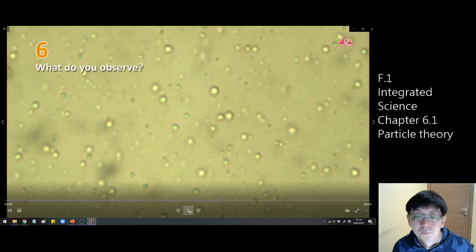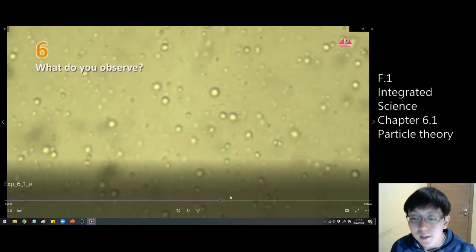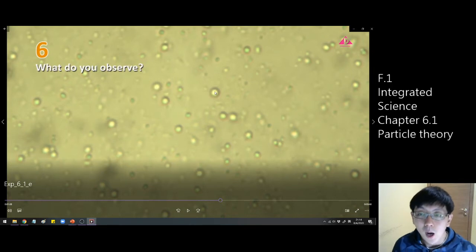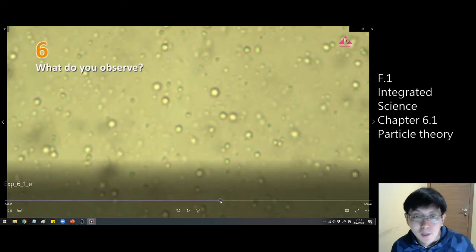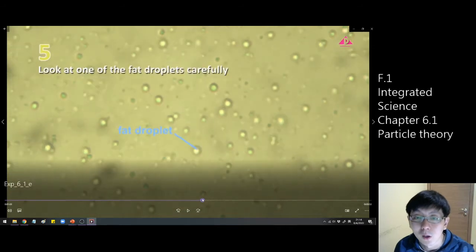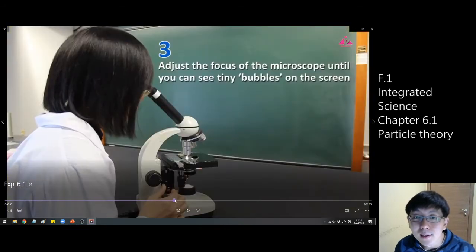What do you observe? So again, you can see that these tiny dots or tiny balls are fat droplets，係啲脂肪嘅粒嚟嘅。We use a microscope to try to get a magnified image of the fat inside the milk。攞顯微鏡放大入邊啲脂肪粒，會發現一樣有呢個現象。They are just like dancing here.